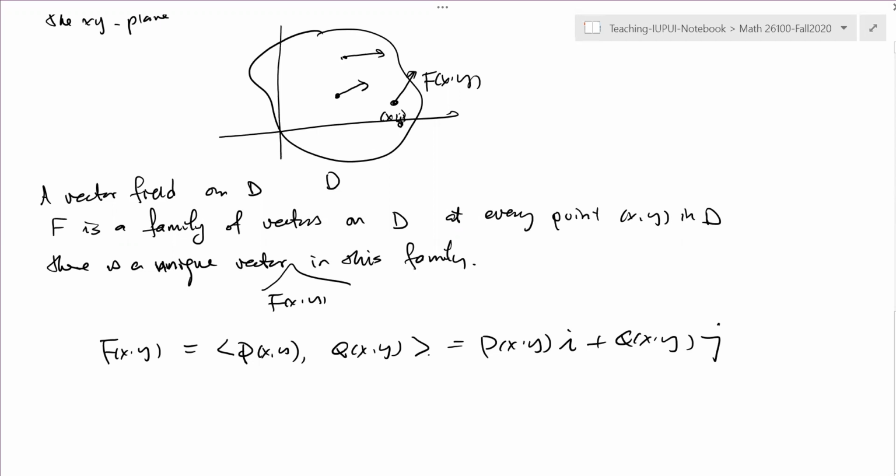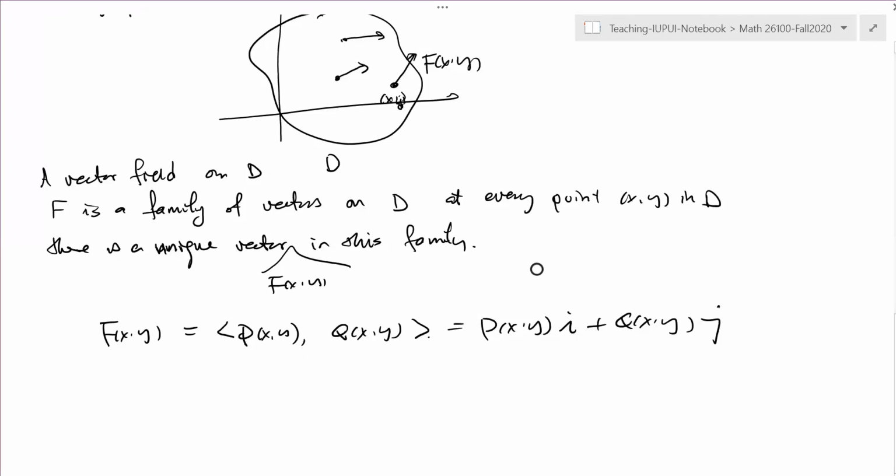But if you want to visualize a vector field, then you have a domain in a two-dimensional plane, and at every point there is a vector there. You see it's an object whose starting point is at the point (x, y). It's an oriented piece of object, so it has direction, a starting point and an ending point.